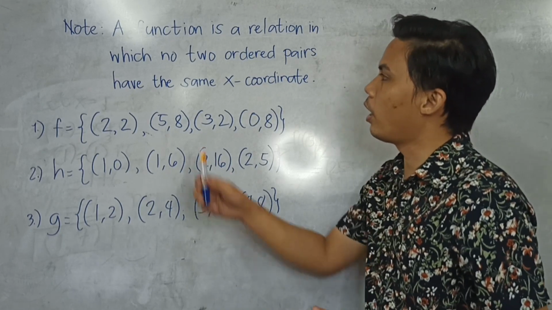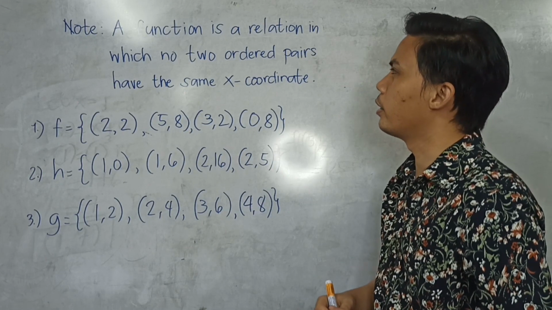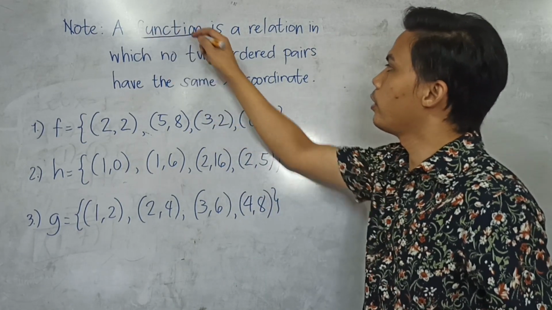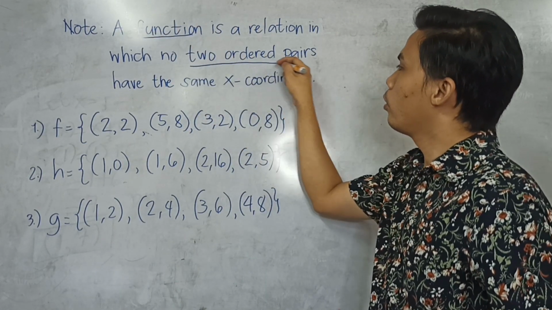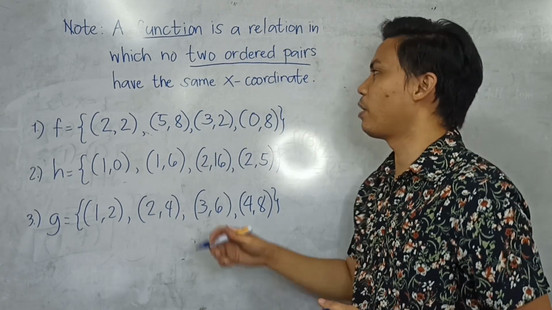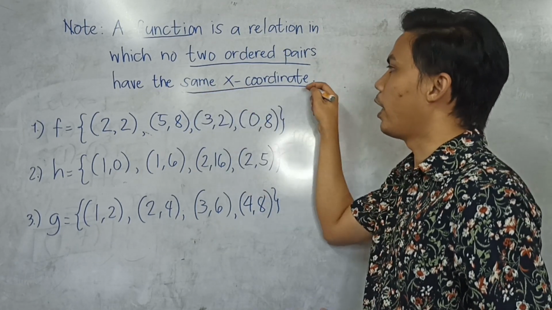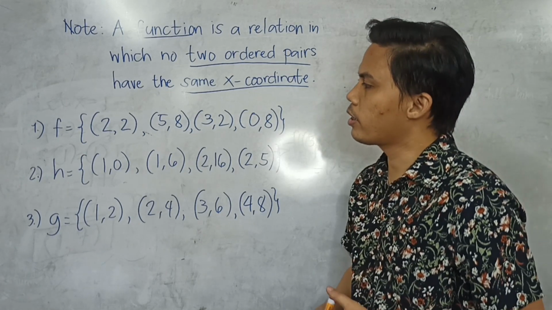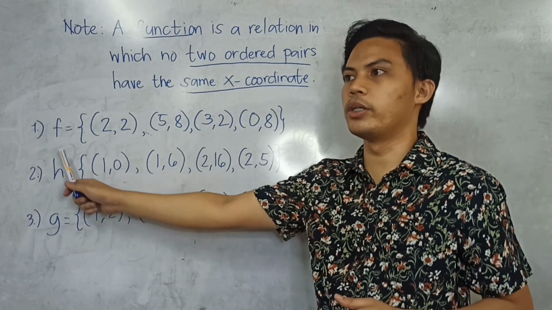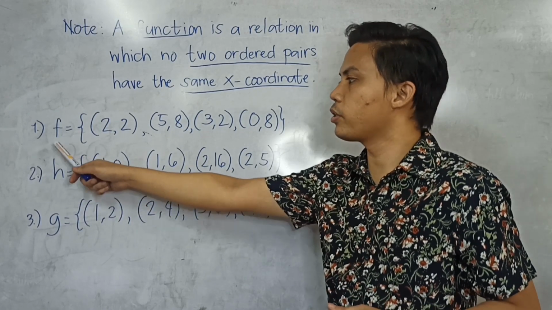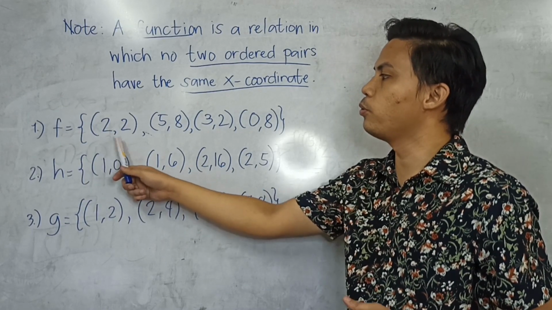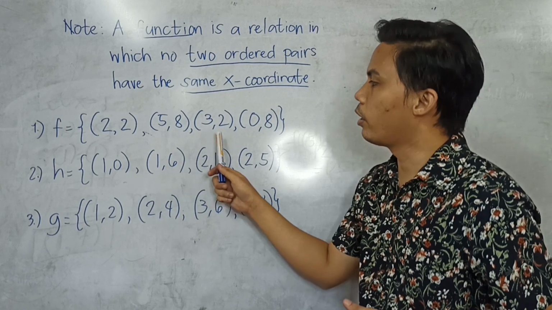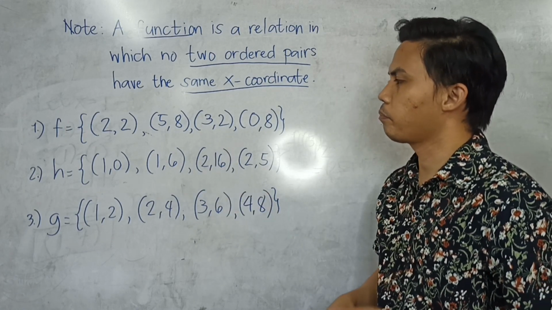So gaya ng sabi sa definition natin, ang function daw dapat walang ordered pairs na magkaparehas or same ang x coordinate. Okay. So let's have example number 1. F is equal to, the function of f, we have the following ordered pairs: (2, 2), (5, 8), (3, 2), and (0, 8).